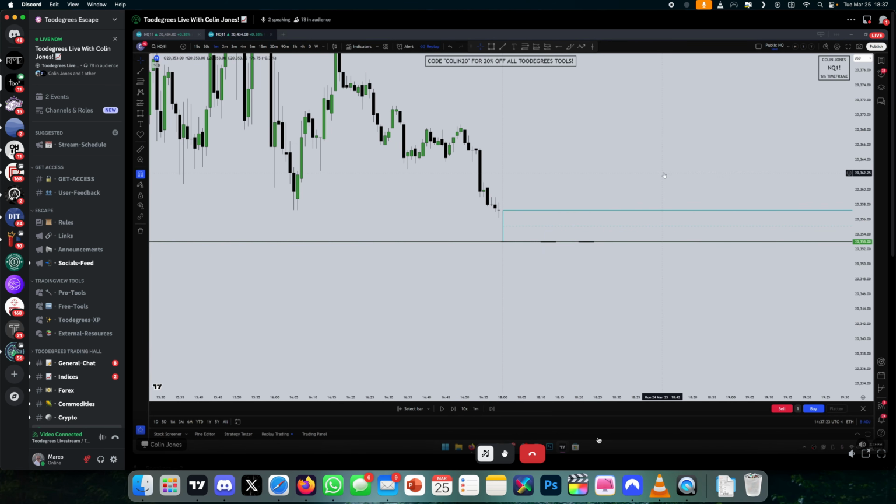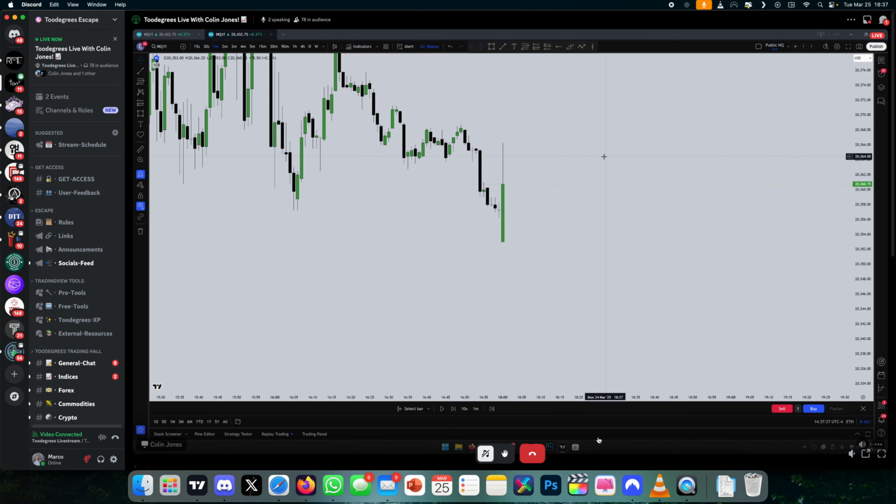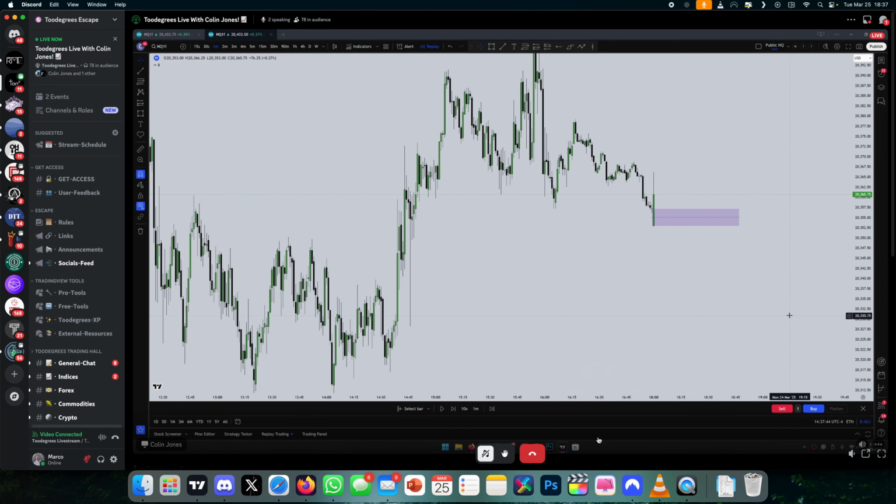The new day opening gap is measured very simply. If I just hide the indicator real quick, all it is the close at 4:59 and the open at this 6 p.m. This creates your new day opening gap.